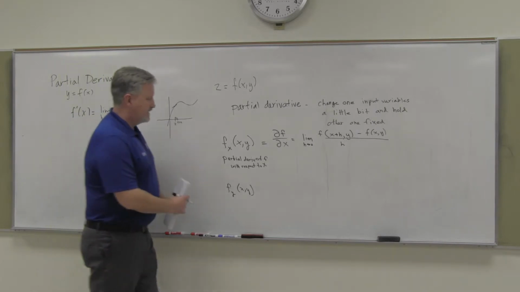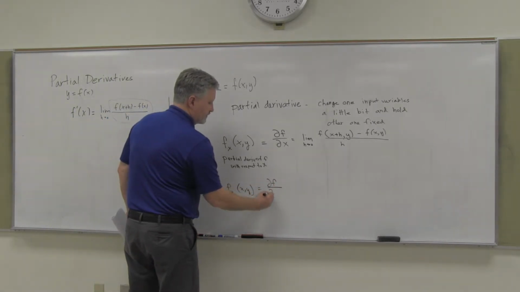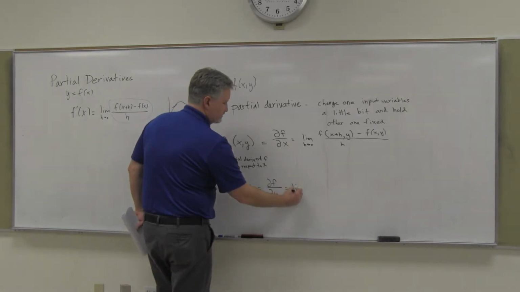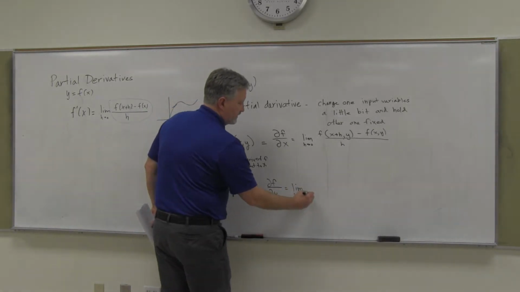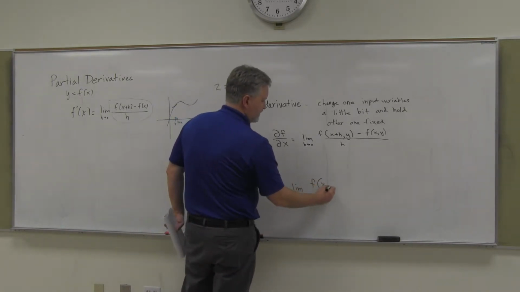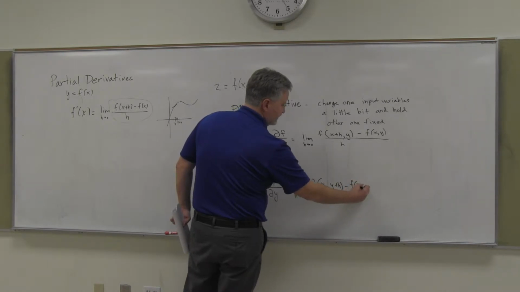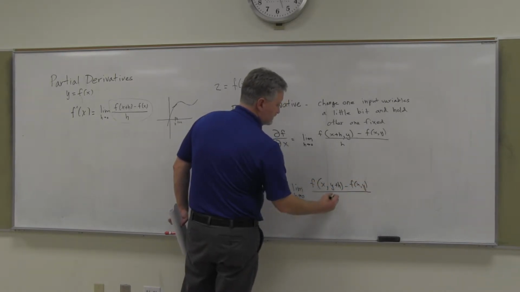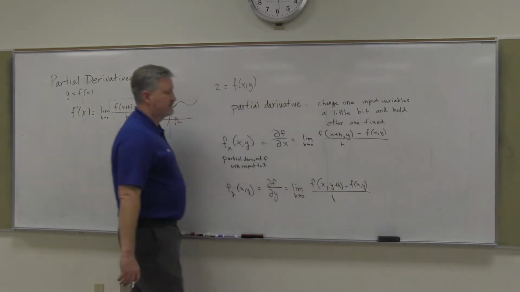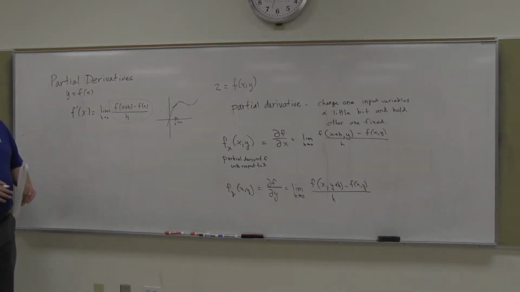The partial of f with respect to y is the same thing, the limit as h approaches 0, but in this case we're changing the y's a little bit: f of x, comma, y plus h, minus f of x, y over h. So the y values change a little bit, and the x's are basically fixed there.